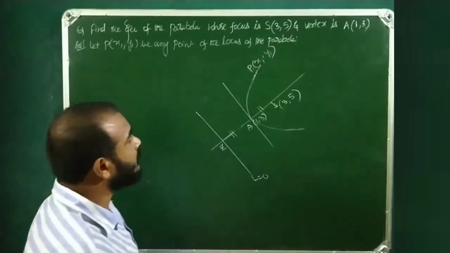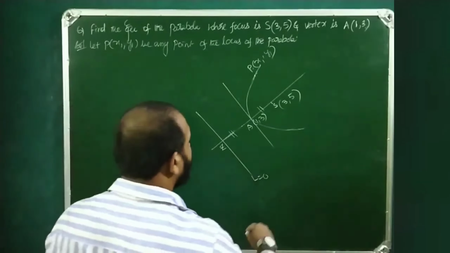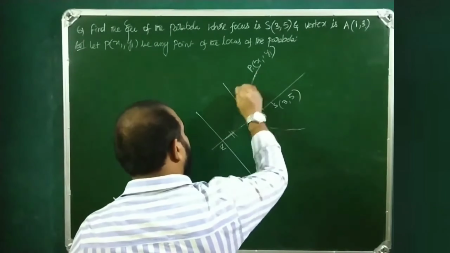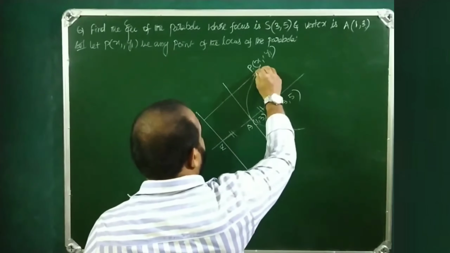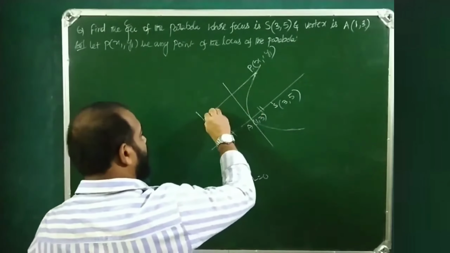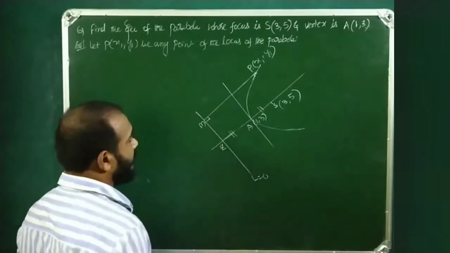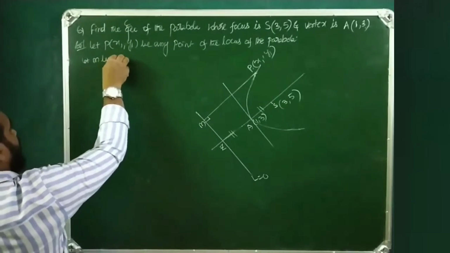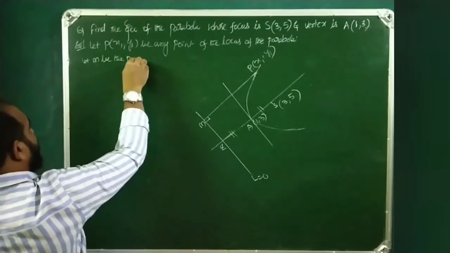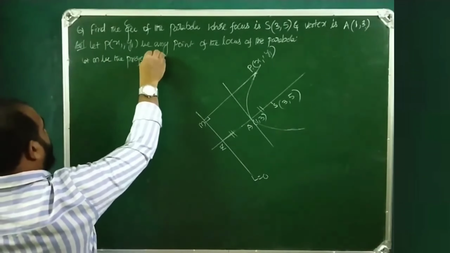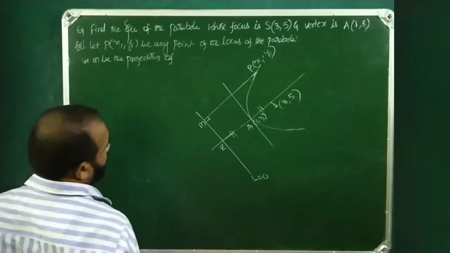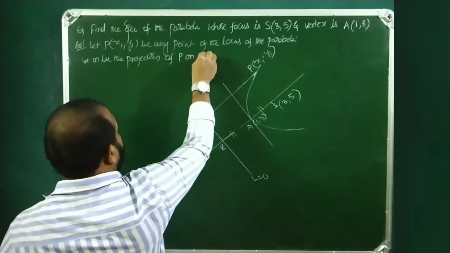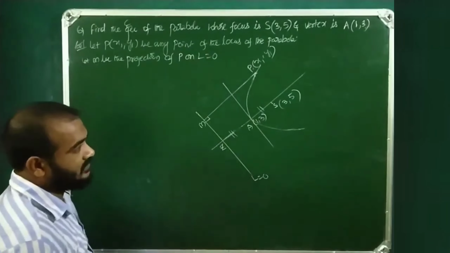Now from this P, I will draw a perpendicular. Suppose M is the perpendicular projection of P on L equals to 0, the directrix.